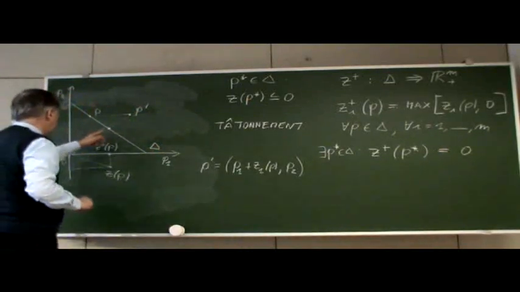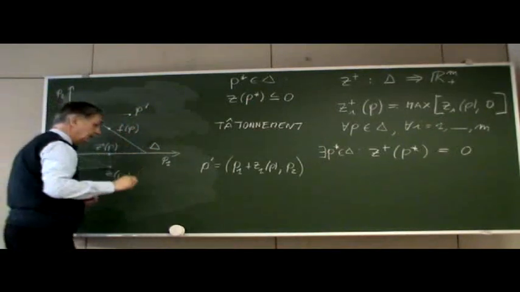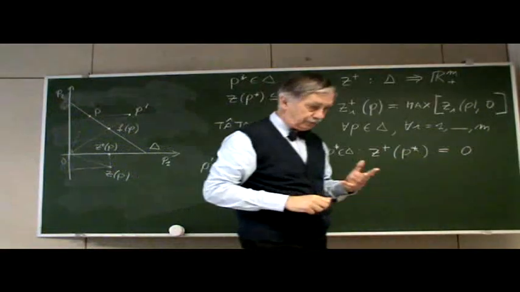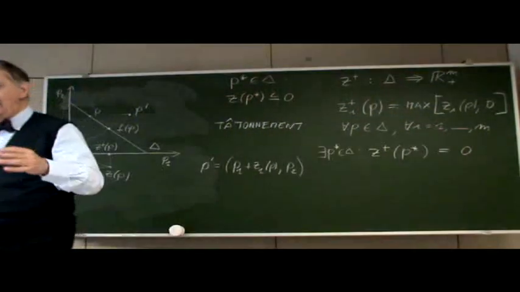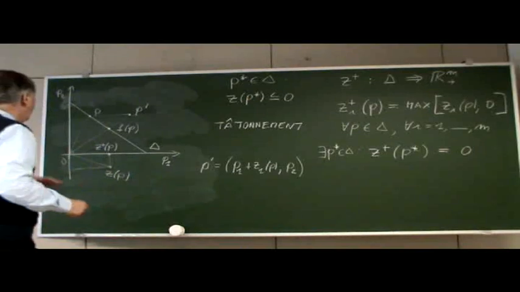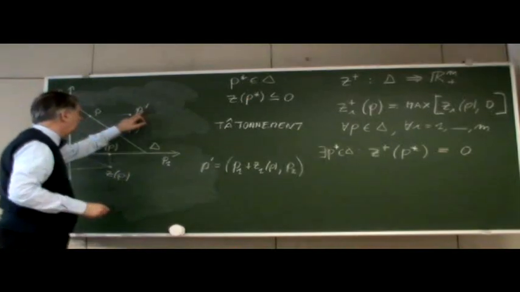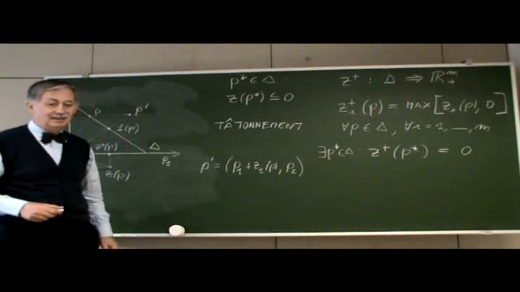This point, which will be denoted by f of P, is proportional to P prime, and therefore, since there is no monetary illusion, both for firms and consumers, all excess of demand in P prime will be equal to the excess of demand in f of P.